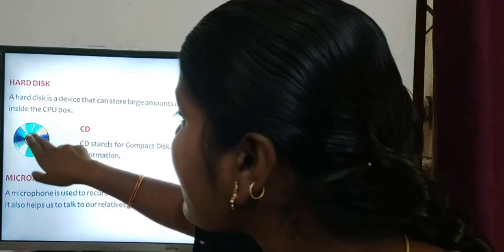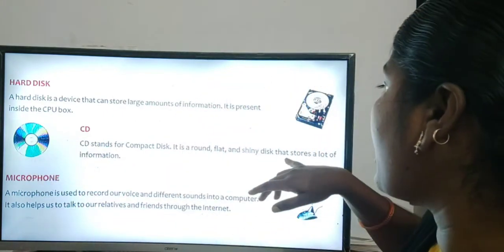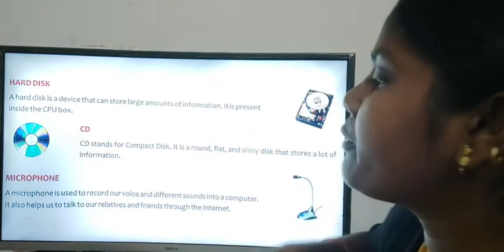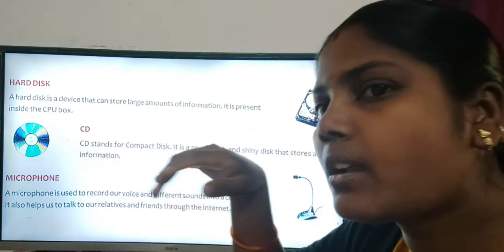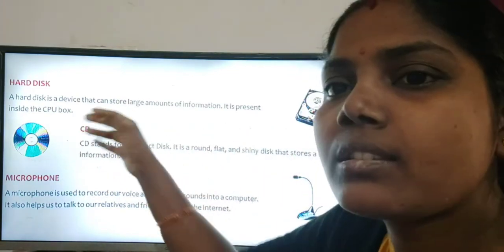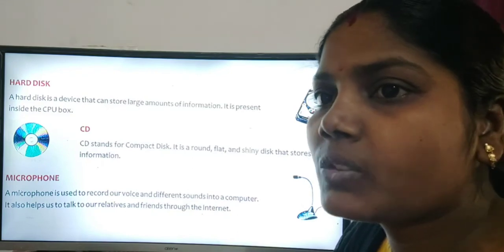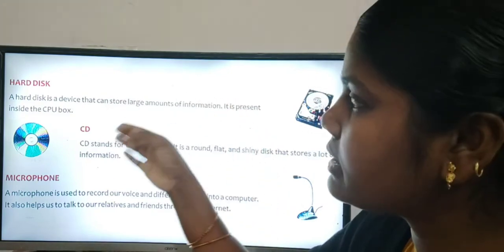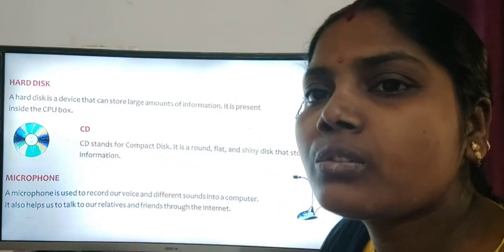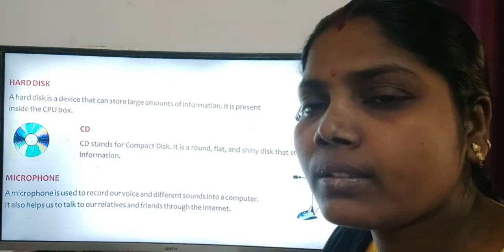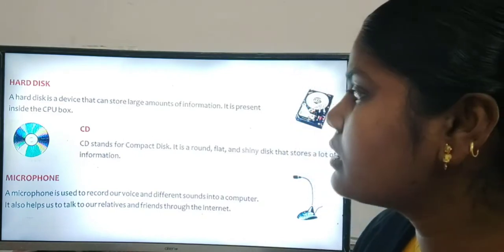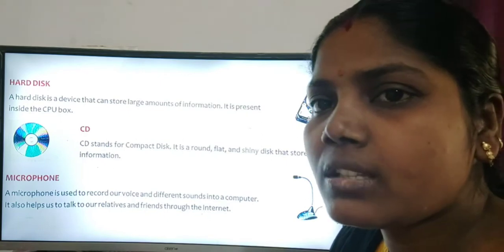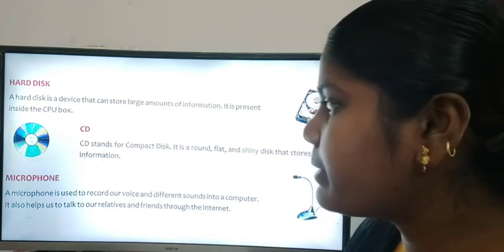It is a shiny disc, and that stores a lot of information. So CD also we use to save the information. So hard disk also and CD also, we are using both for the purpose of saving and storing the information.